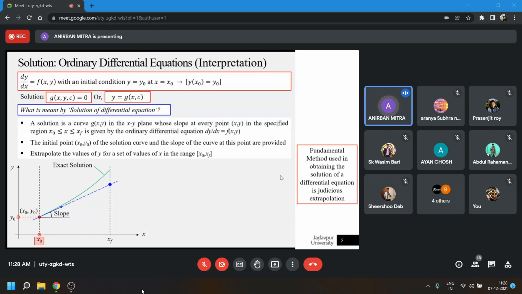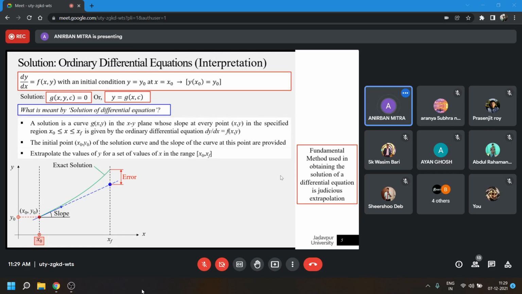So this blue dot, in fact, represents the value of y at the position xf. It, of course, has, if compared to the exact solution, quite a lot of error. This is an approximate solution after all. We know that numerical solutions are inherently approximate. It also has got certain amount of error.